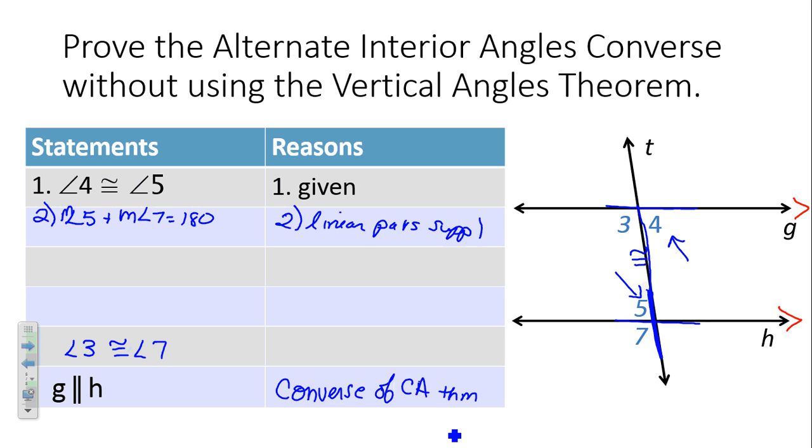So linear pairs are supplementary, right? Okay. And 3 and 4 are also the same, aren't they? 3 and 4 are supplementary as well. So we can say the measure of angle 3 plus the measure of angle 4 equals 180, because linear pairs are supplementary.